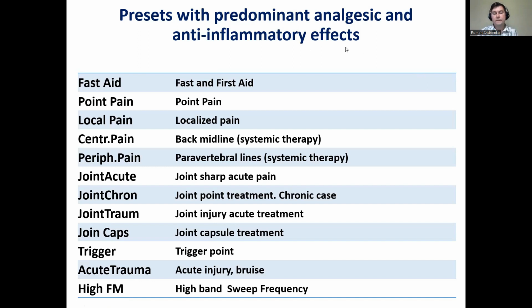So if we are talking about pain relief, we start with fast aid, but we also have other presets: point pain, local pain, central pain, peripheral pain, joint acute, like all the joint presets actually, trigger, acute trauma, high frequency modulation. And this is where we usually use these presets. So you see that, obviously, trigger is used on trigger points, local pain is used on localized pain. Yes, we will talk about this later.